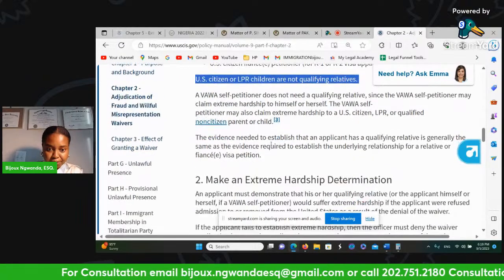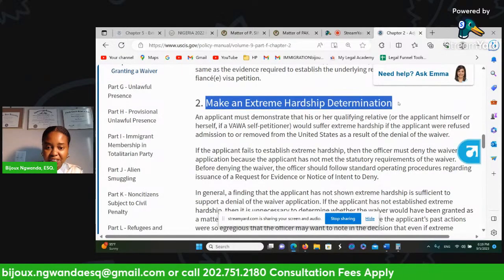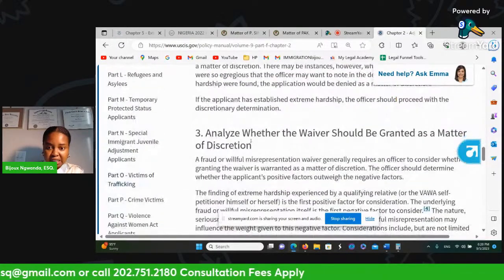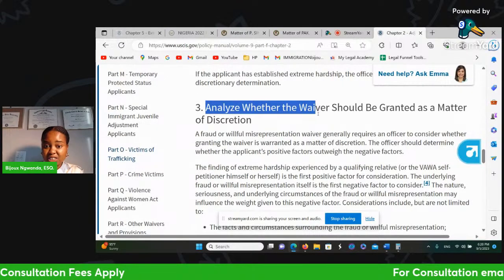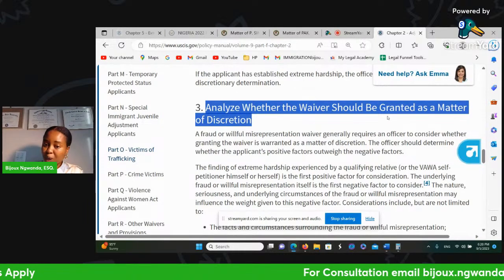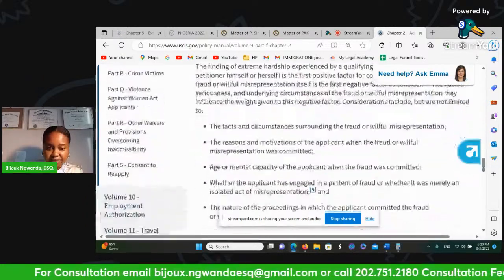And then you have to make an extreme hardship determination as well. And then USCIS is going to look at whether or not to grant the waiver as a matter of discretion. It's not guaranteed either.